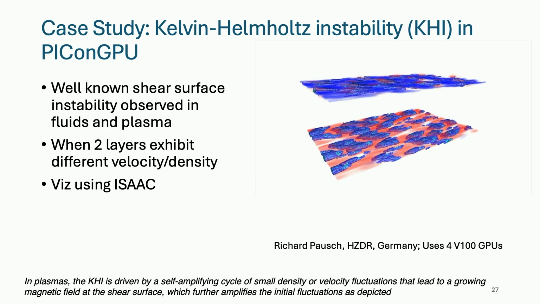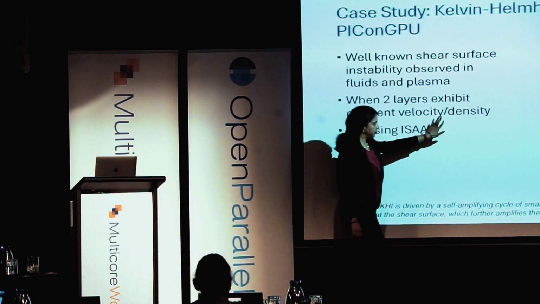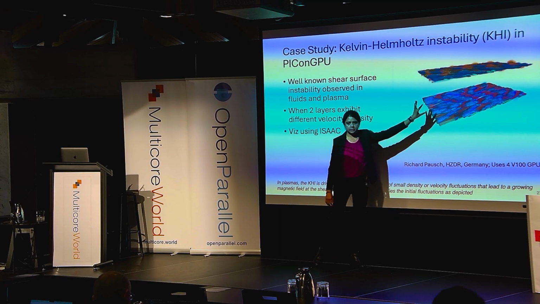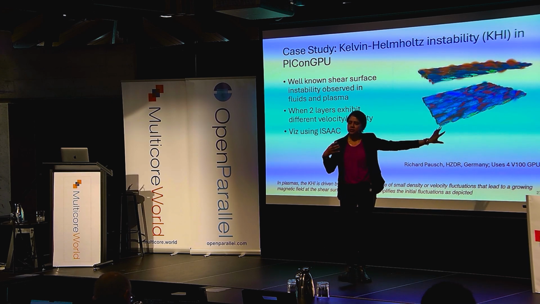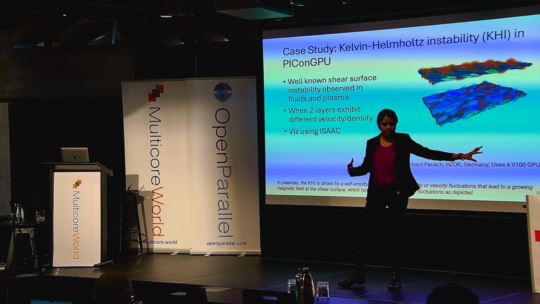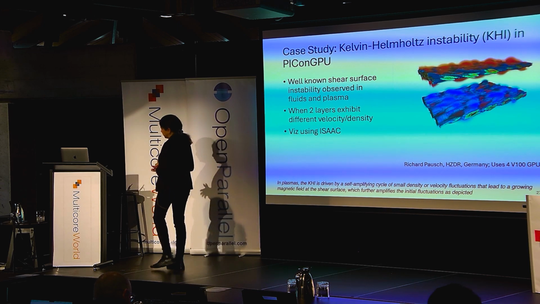So that's the shear surface, that's the KHI we're talking about. Two layers, different velocity, different density, and you see the colors changing depending on how much radiation there is from these electrons. The thicker and brighter the colors get, the more the acceleration and the radiation.